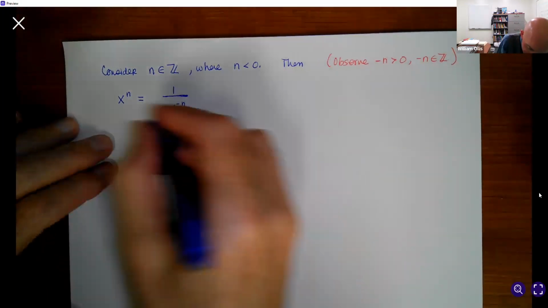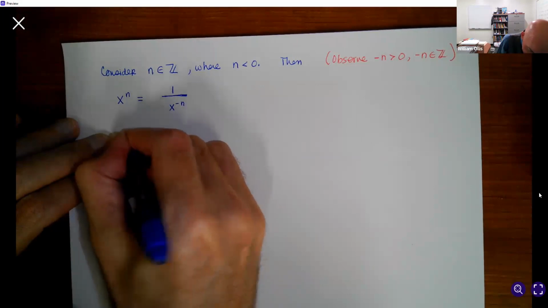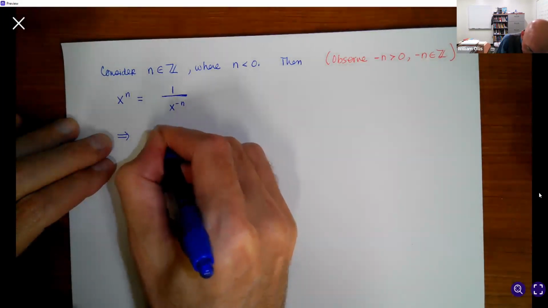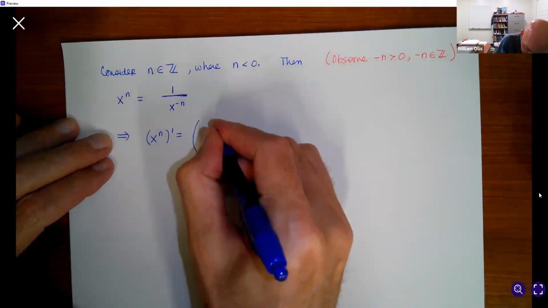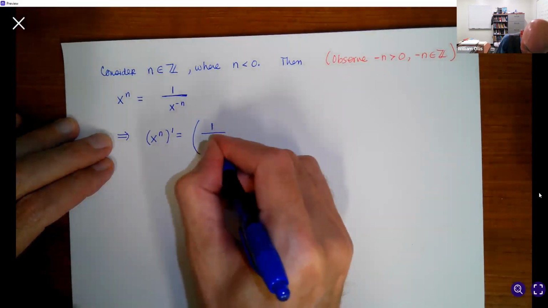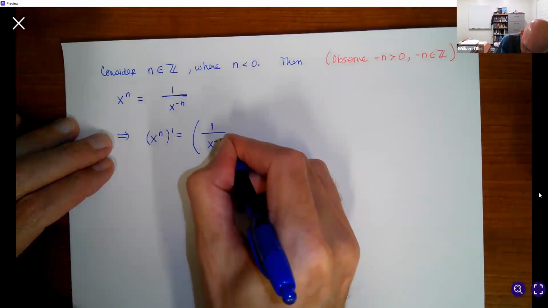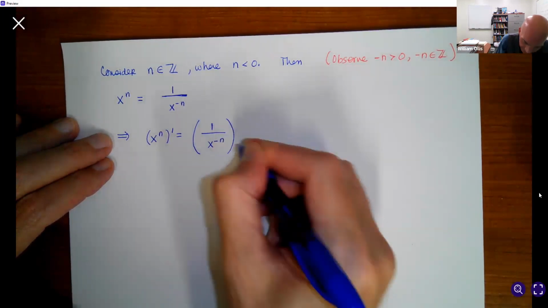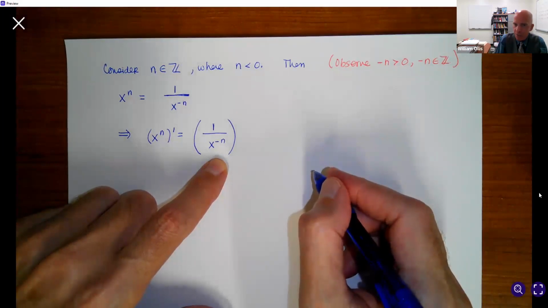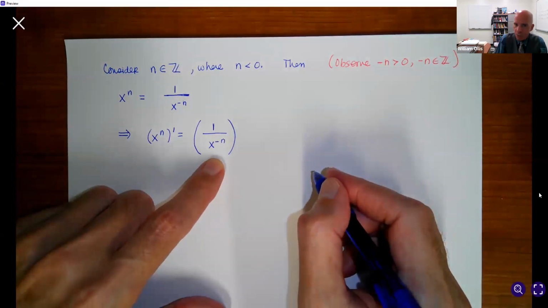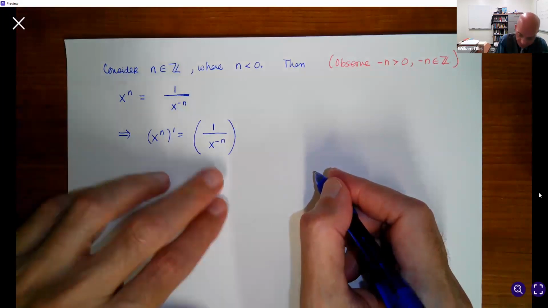So now this implies that x to the n prime will now just be this. Now we can do this two ways. You're thinking that this is just the generalized power rule, and I agree with it, but I wanted to go back to the quotient rule because that's when I should have done it.